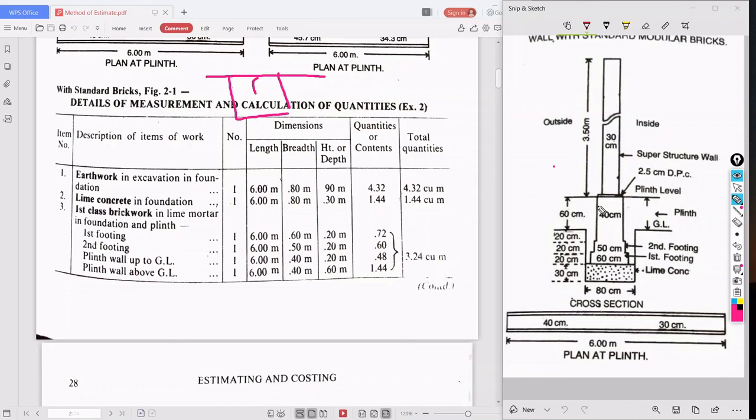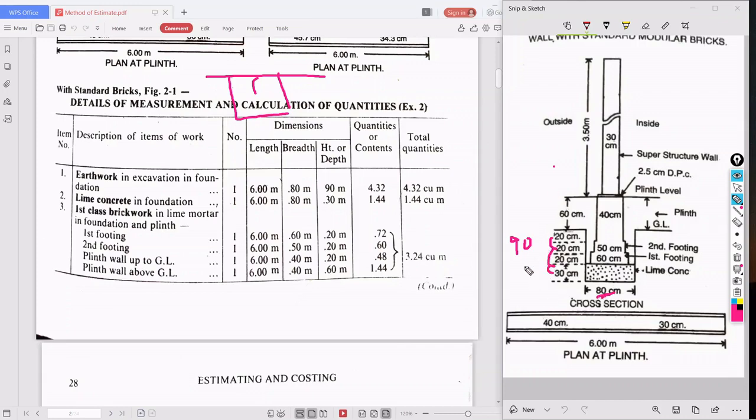They have given the dimensions: 20 plus 20 plus 20 plus 30, so 30, 40, 50, 60, 70, 80, 90. So it is 90 centimeter height and 80 centimeter width. What is the length of the trench? Length and height; breadth is 80 centimeter.